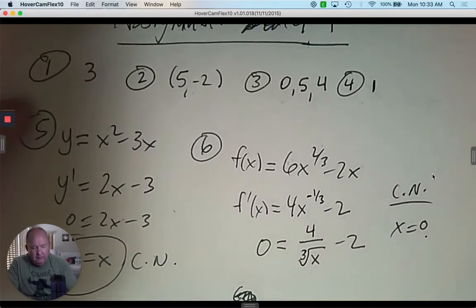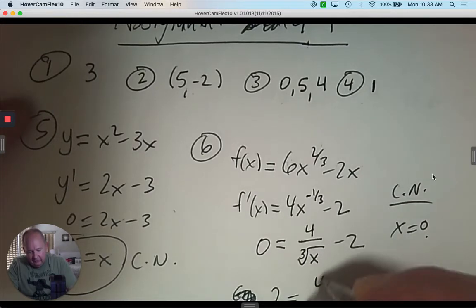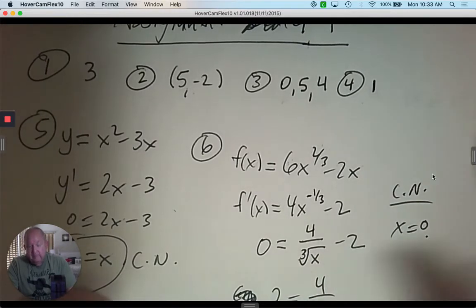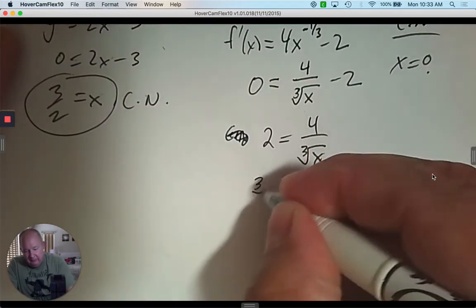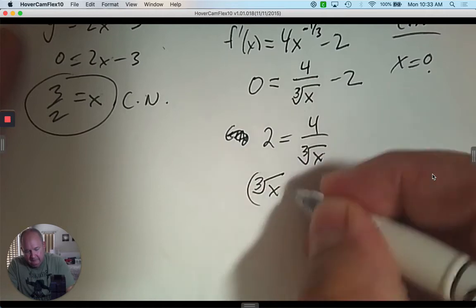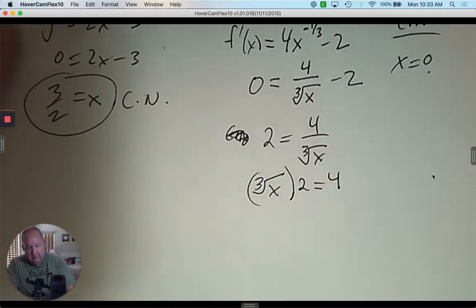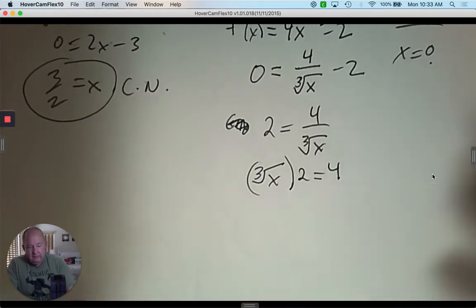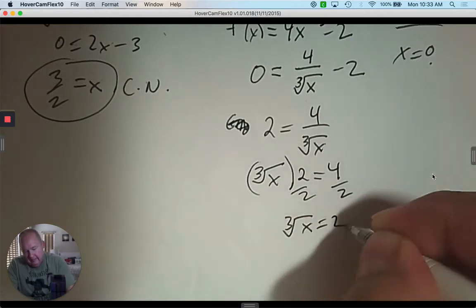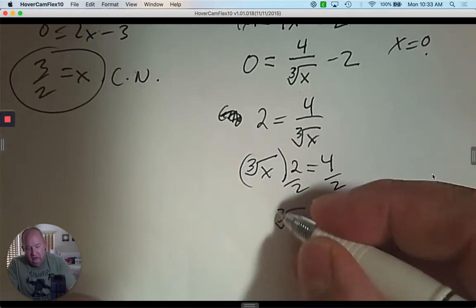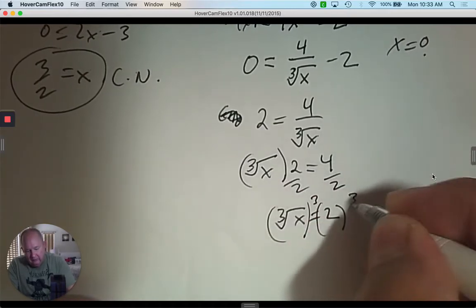All right, how do I solve this? I'm going to add 2 to the other side. I'm going to multiply both sides by the cube root of x. I'm going to divide by 2. And then the last step is I'm going to cube both sides, so to the exponent 3 to undo it.